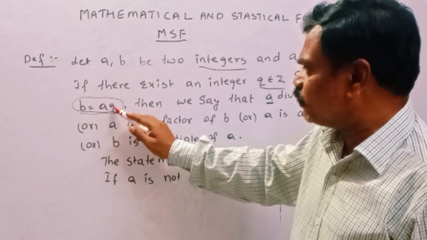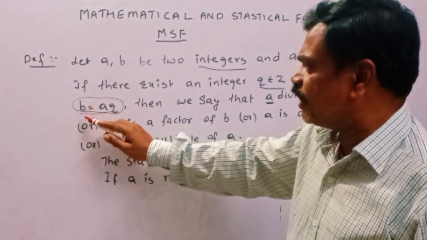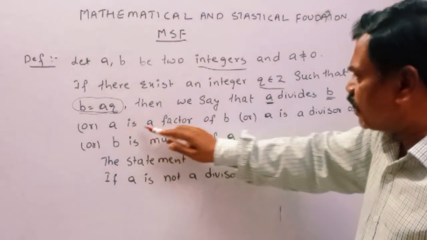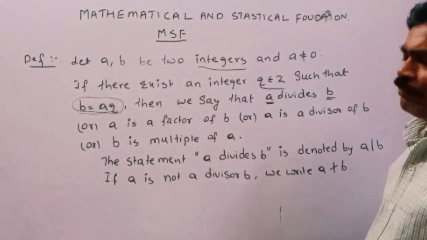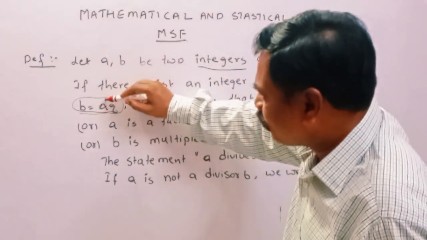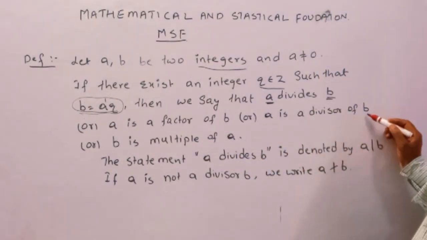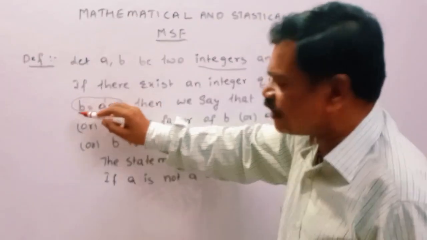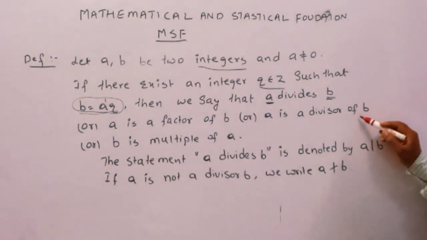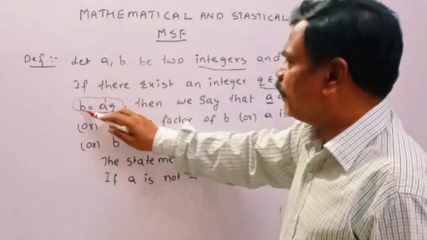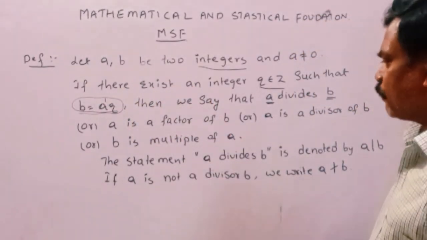Q is equal to b by a, which means a divides b. So a is a factor of b, or a is a divisor of b, or b is a multiple of a.